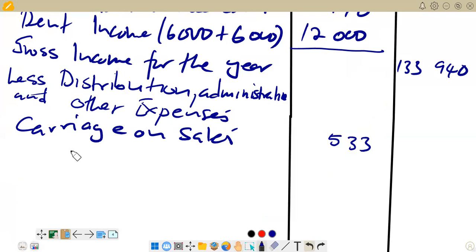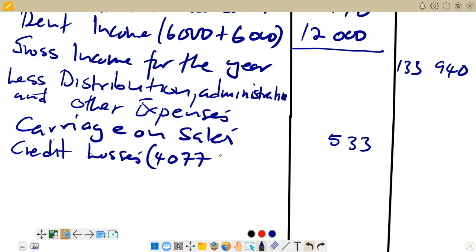We are now saying credit losses, 4,077. Then we add the 350 from the additional information. If we add the two, we are going to get 4,427.